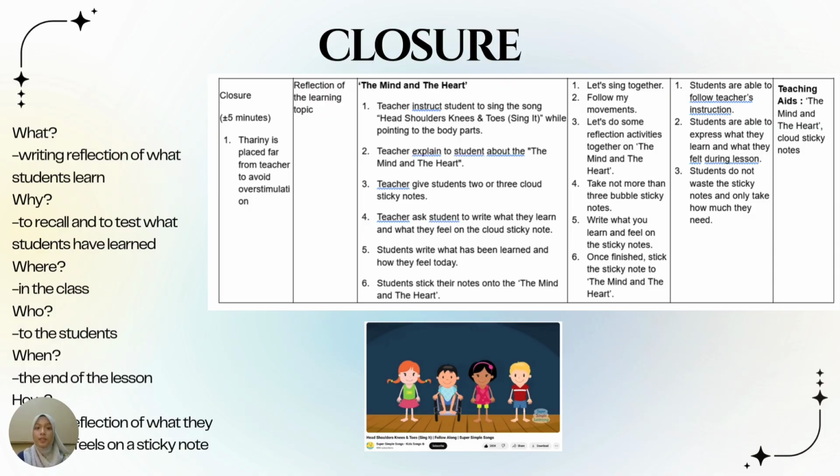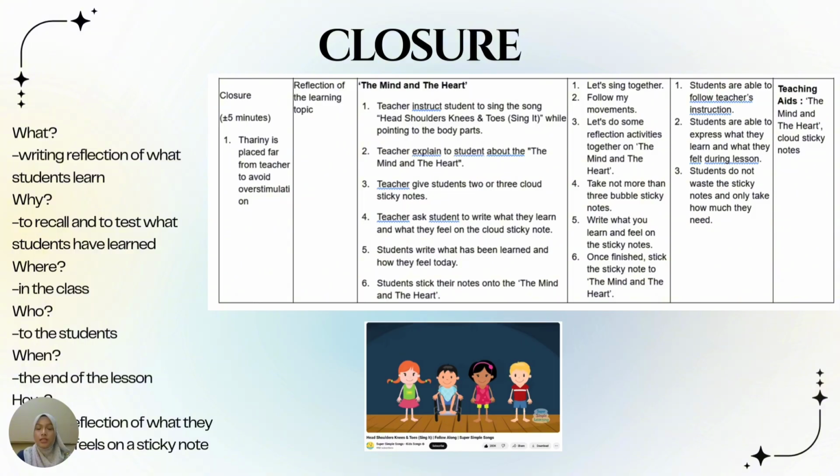Next, the teacher explains to students about the mind and the heart. The teacher gives students two or three cloud sticky notes. Next, the teacher asks students to write what they learn and what they feel on the cloud sticky notes. Students write what they have learned and how they feel today. And lastly, students put their notes onto the mind and the heart.